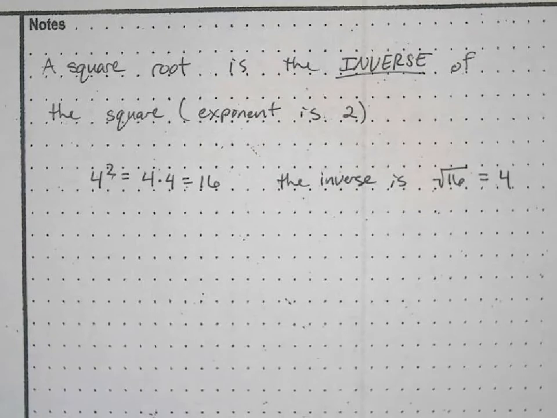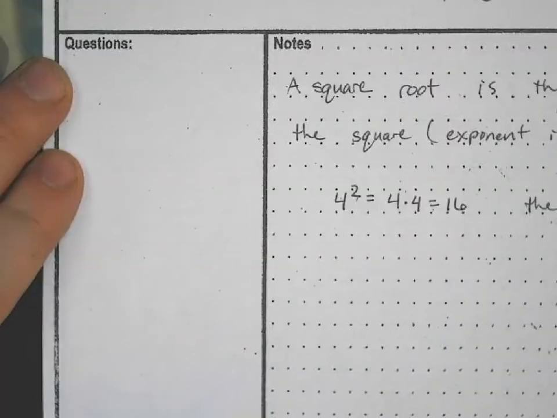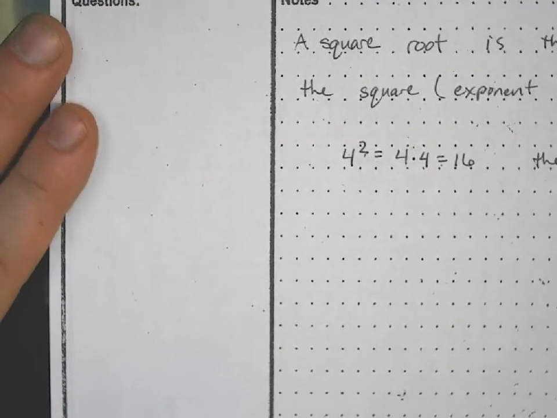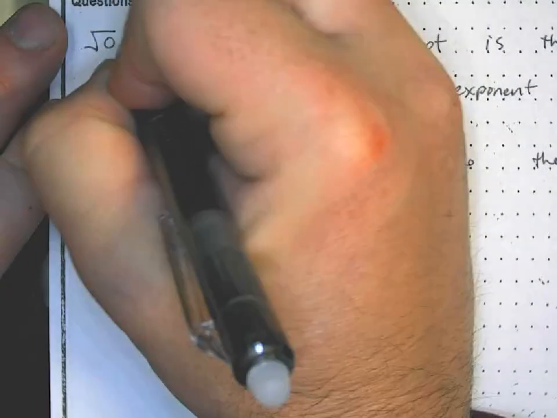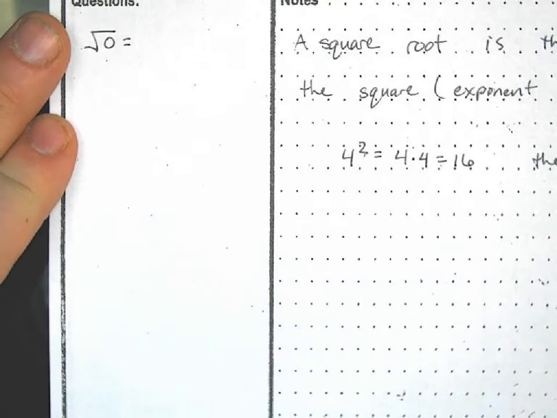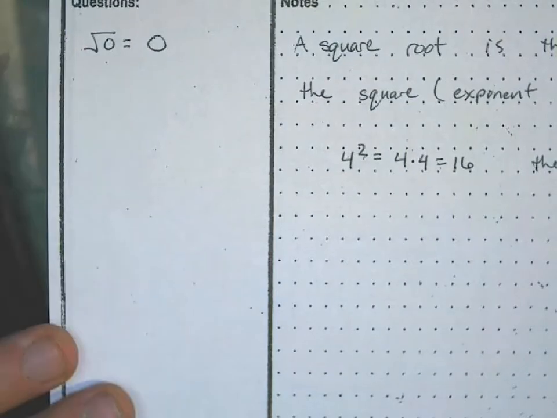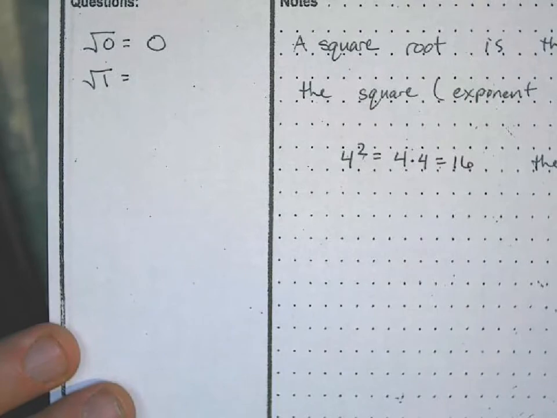So over here in our column on the far left, I'm going to put a bunch of different common square roots that we need to be aware of. We'll start with 0. Square root of 0, what times itself equals 0? Well, 0 times 0 equals 0. Square root of 1, what times itself equals 1?